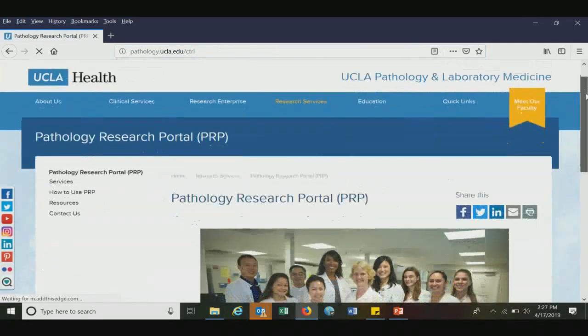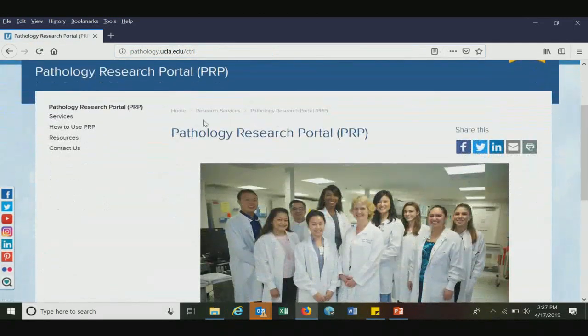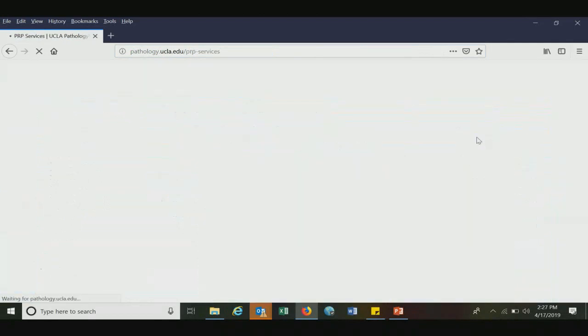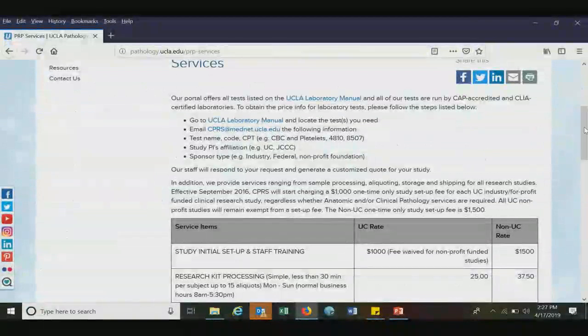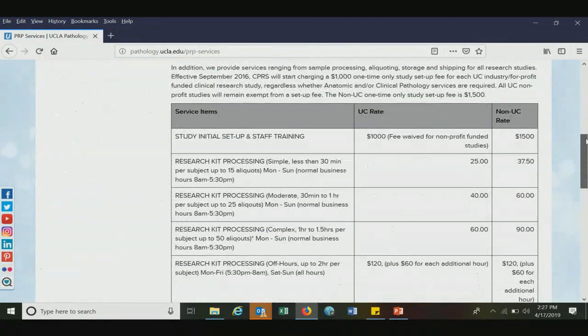Here's their link. This is the list of everything that they'll do. So they do anything that's in the UCLA lab manual, and then this is the pricing for how you need to set up your different stuff.